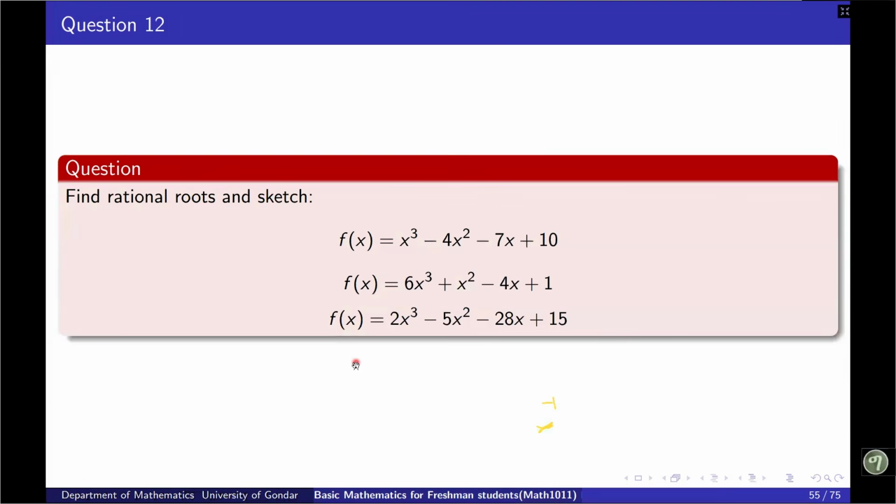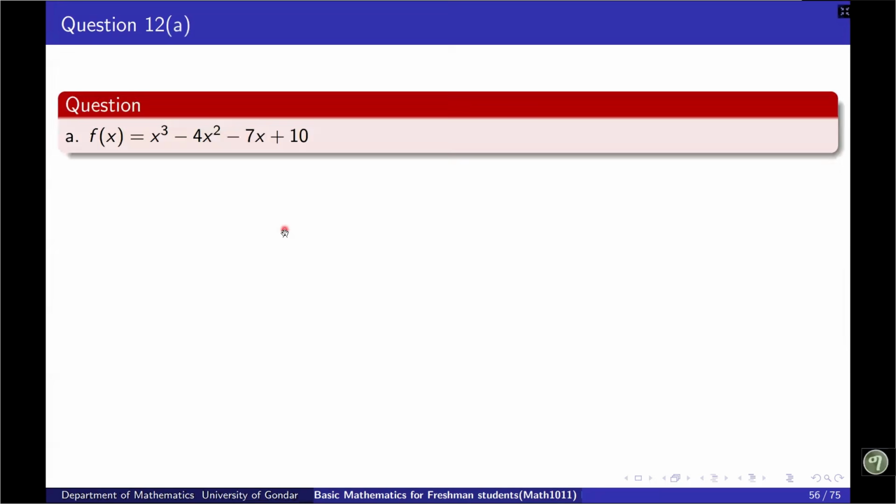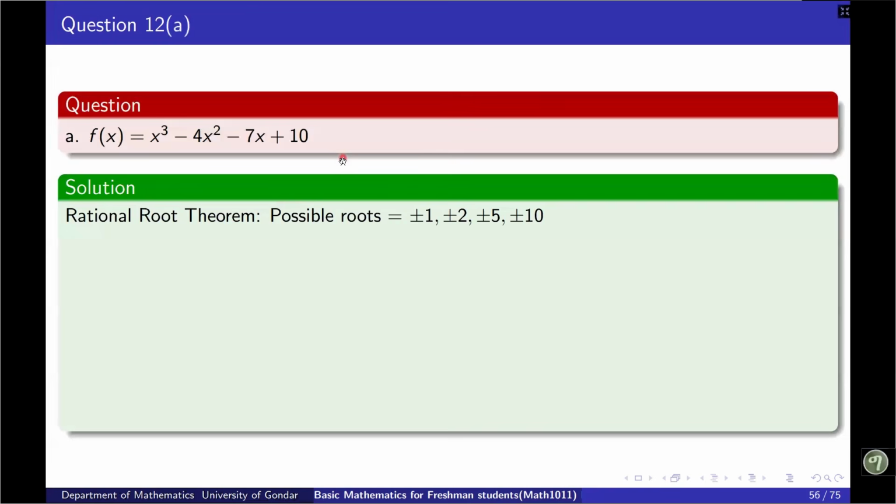Next question, number 12. Question number 12 asks us to find the rational roots and sketch the graph of the given function. Let us see the first one. The first polynomial function is f of x equals x cubed minus 4x squared minus 7x plus 10.